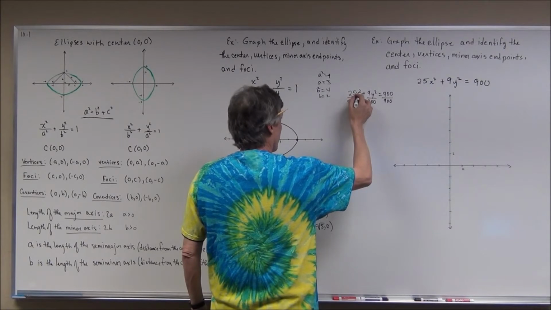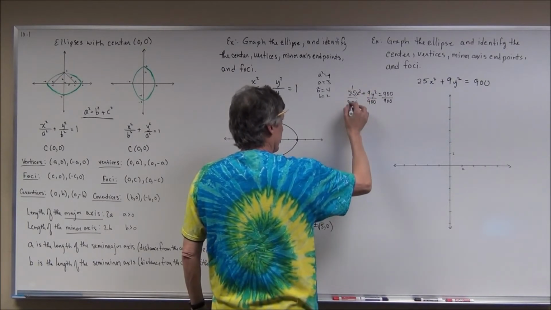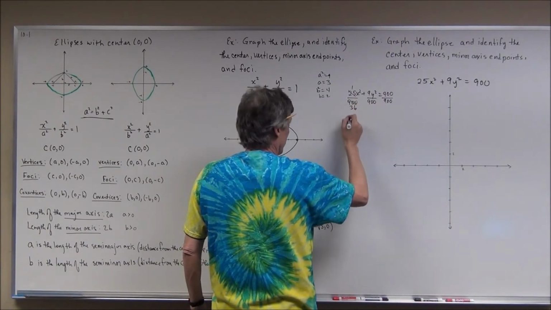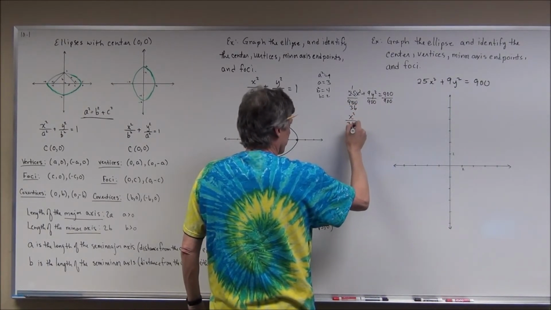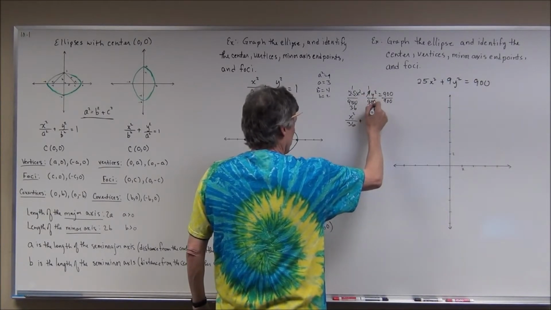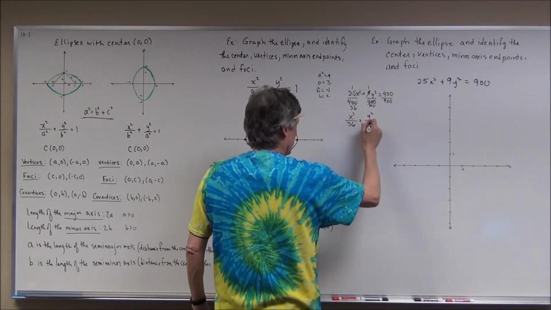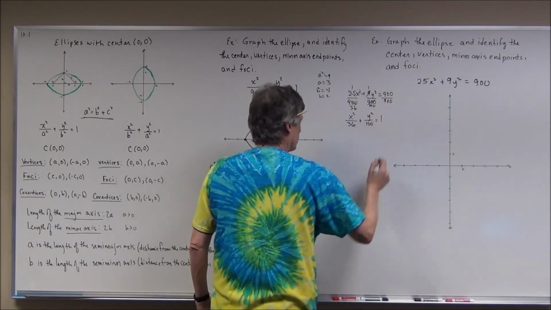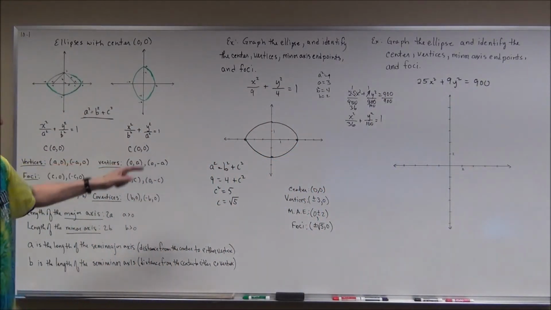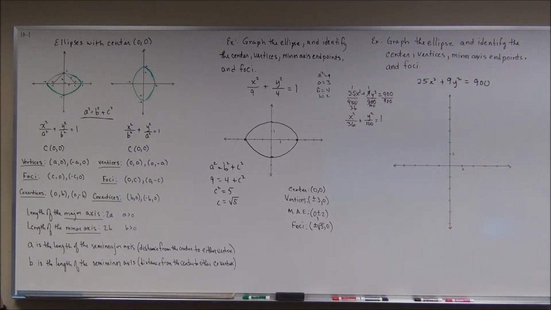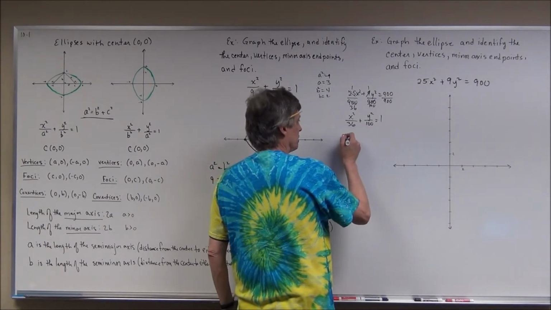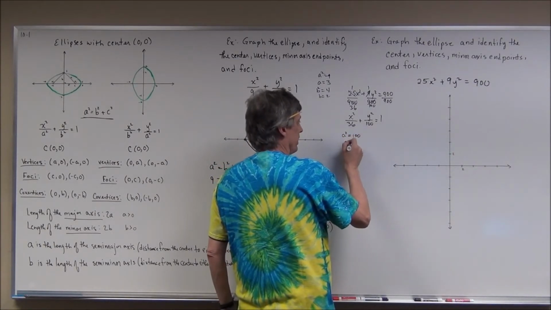That'll make it a 1 there, and hopefully make it look like one of those guys. Now, 25 goes into 25 once, 25 goes into 900, 36 times. I have x squared over 36 plus 9 goes into 9 once, goes into 900 100 times, y squared over 100 equals 1. That looks a lot like this guy right here. This one's going to be elongated vertically. A squared is 100, so A is 10.